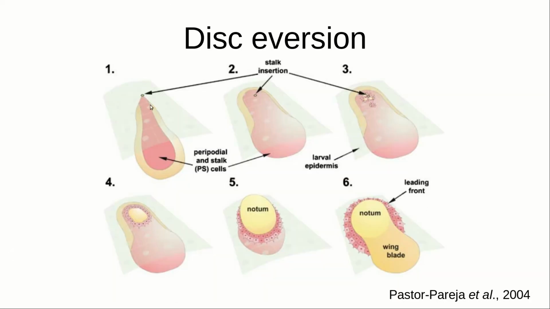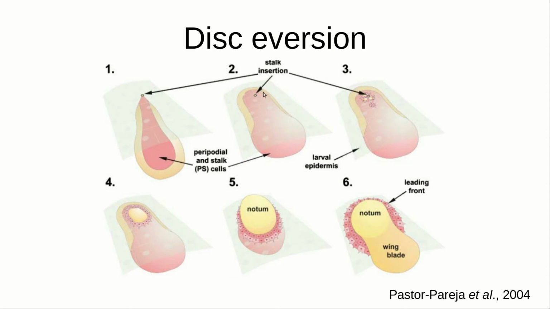Here's the process of eversion from a view that is outside the larval epithelium. This gray shade is the larval epithelium. Here you have the stalk, and the red part would be the peripodial membrane, and the yellow part is the proper disc.